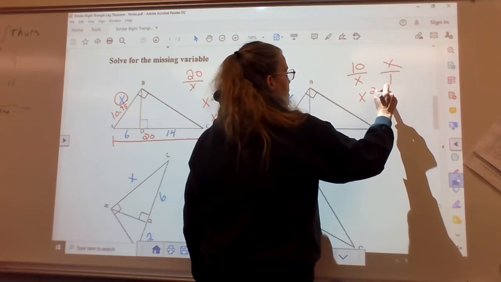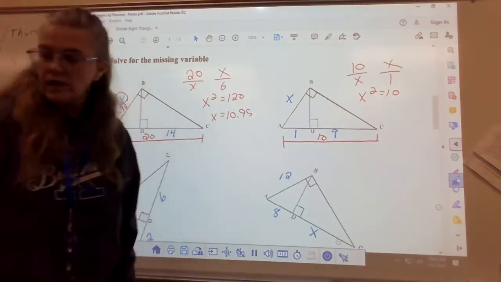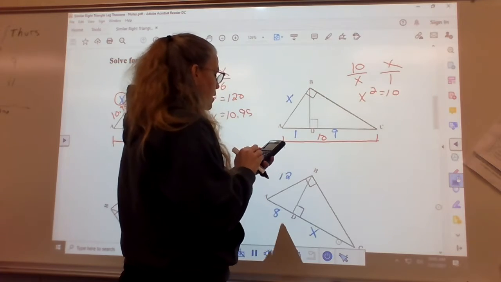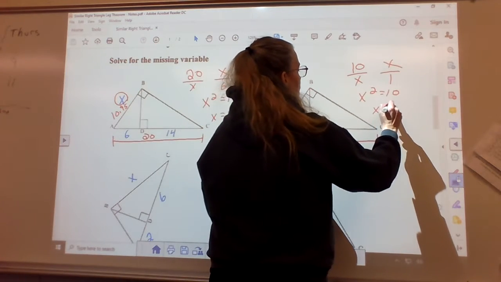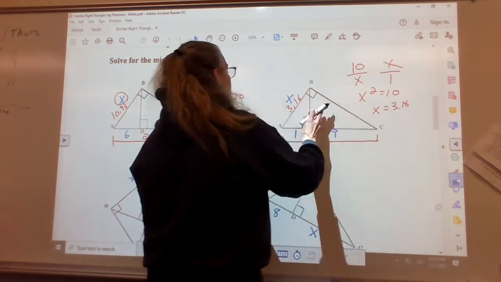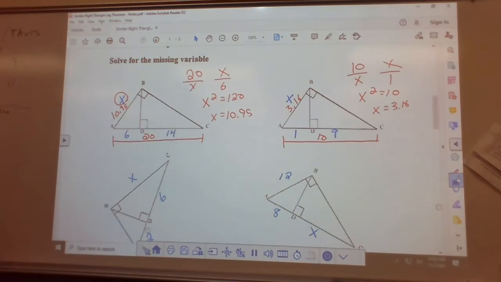So X squared equals 10. Take the square root of 10, 3.16. So I get a 3.16 here. So the first two were nearly identical. Different numbers down here, but the setup did not change. So that's the first two.